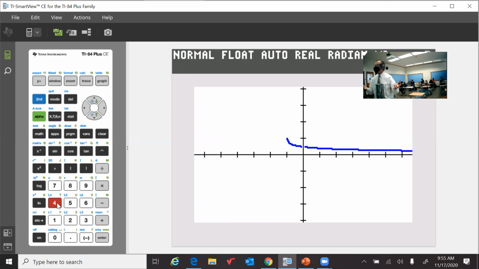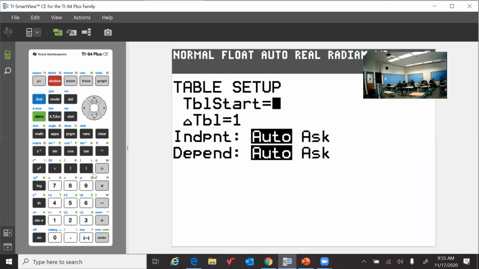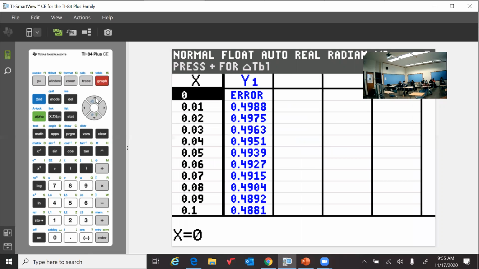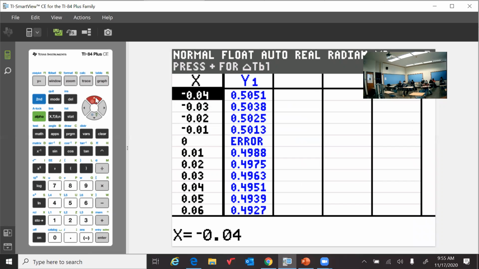If you go back here, look at the table. Start at 0, make the delta table small, make it 100. Then we see how this graph from the left is going towards 5/10.